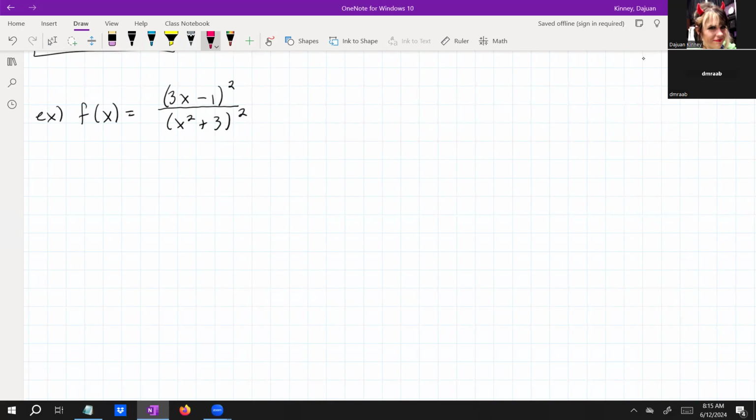All right, so here I have the top and the bottom. The derivative of the top is 2 times 3x minus 1 times 3, so times the derivative. The bottom is 2 times x squared plus 3 times the derivative of the inside, which is 2x.